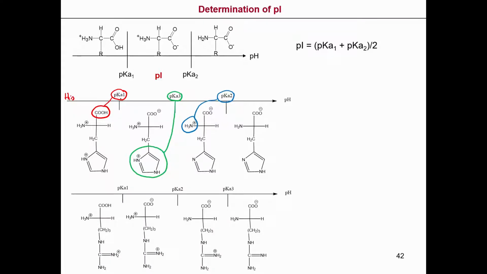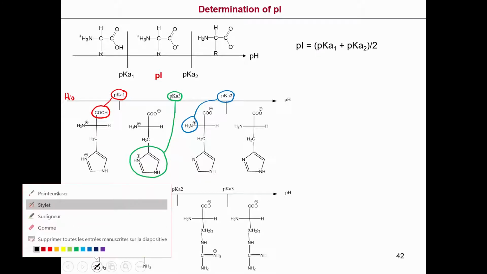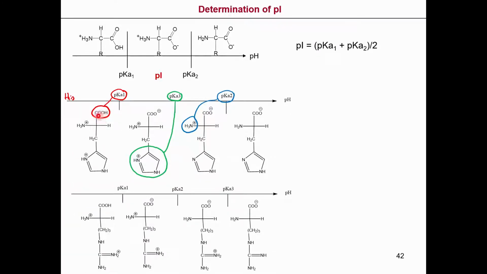So if we draw a diagram according to the pH, at low pH, all the functions are protonated. Sorry. COOH, NH3 plus, and the ring is protonated. When we increase the pH, when the pH is higher than the pKa1, the function related to this pKa1 will be deprotonated, so the COOH becomes COO minus.